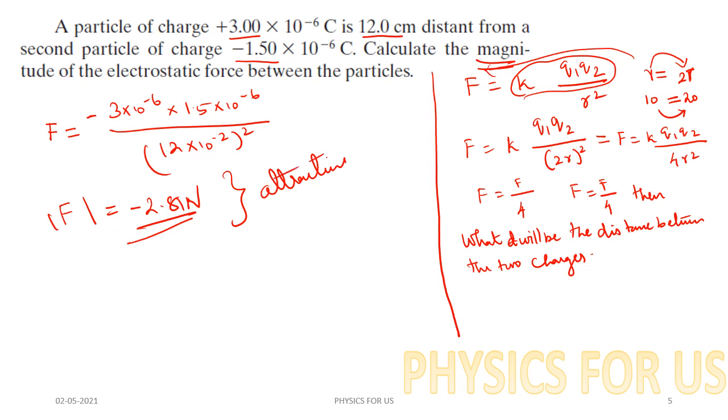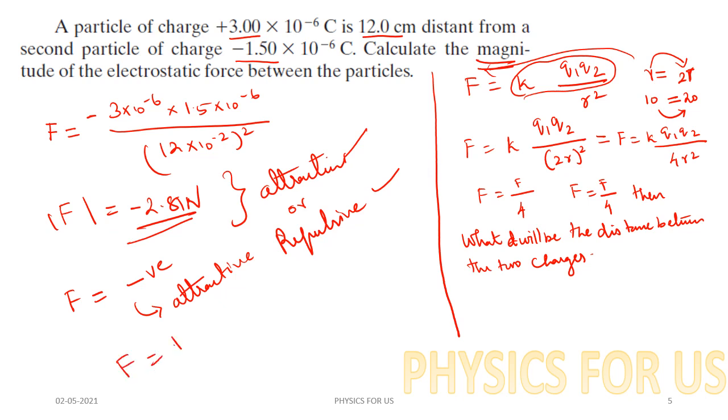Please note, the question may ask you to find whether it's an attractive or repulsive force. How can we find whether it's attractive or repulsive? If the force has a negative sign, then the force is attractive. Here you can see that the force is nothing but minus 2.81 Newton, so obviously the force is attractive.